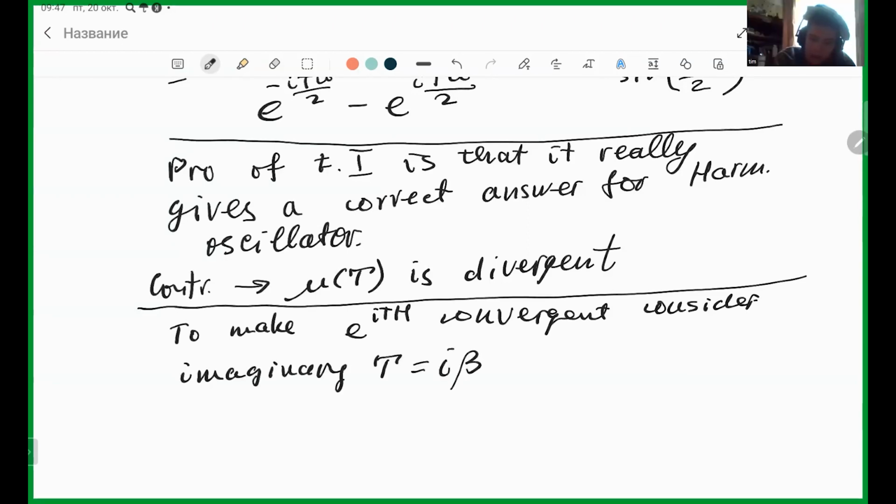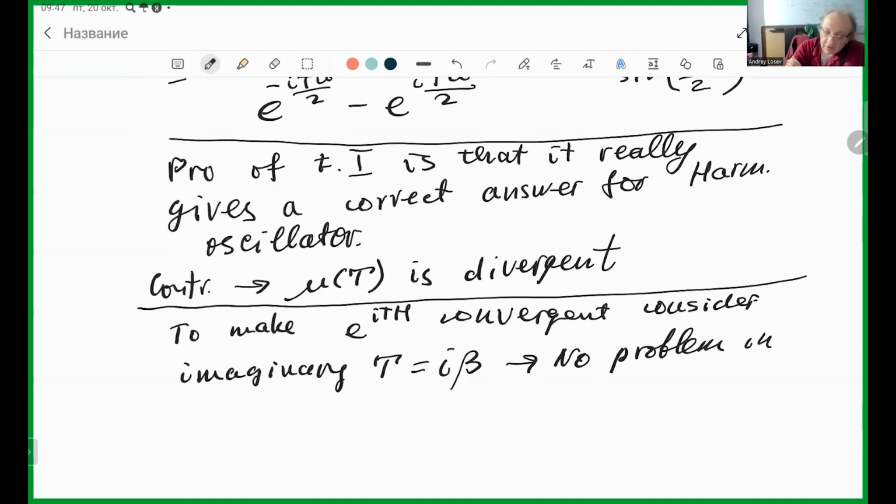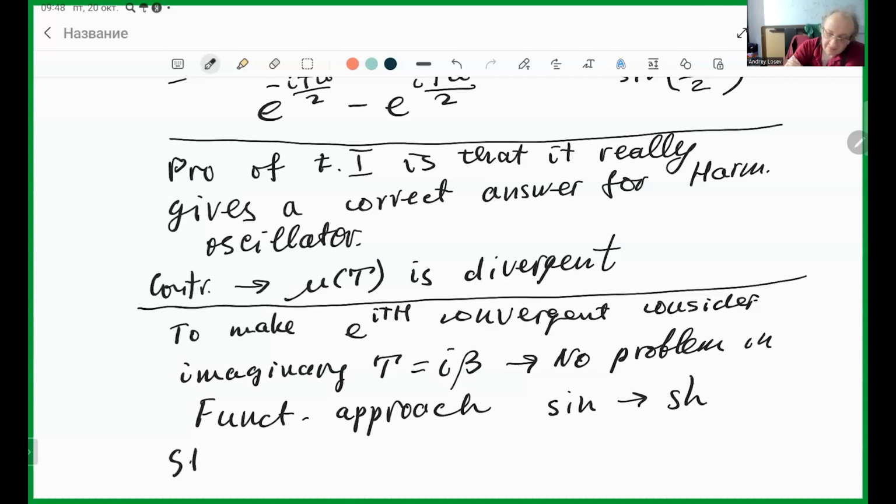That's obvious. Yes, and no problem in the functional approach. So the sine would go to the hyperbolic sine. Okay. Still, there are ultraviolet, I would not say problems, peculiarities.